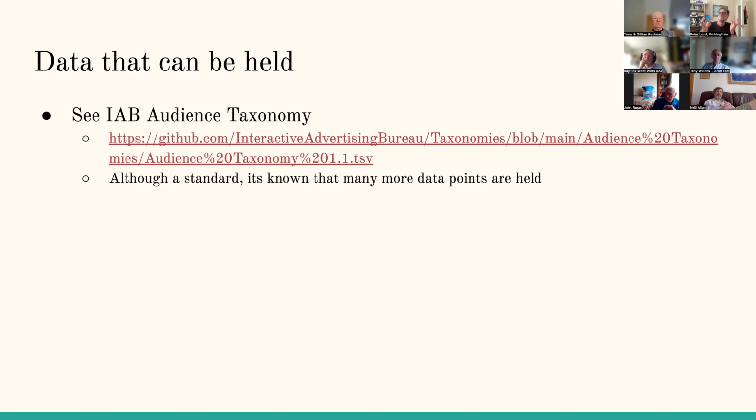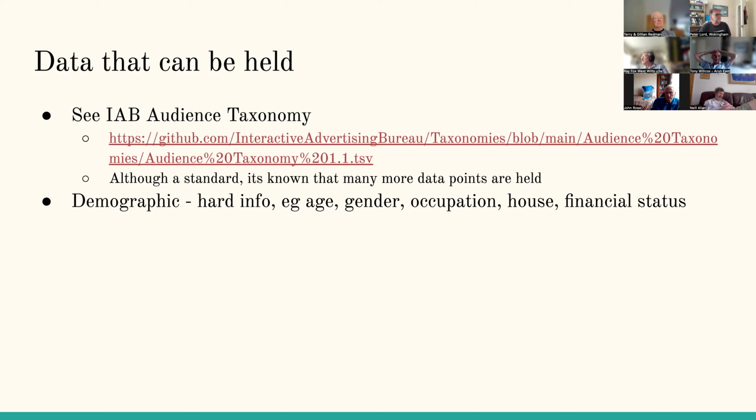However, from reading between the lines and court cases and whatnot, companies will hold significantly more information than is in that standard. So I think this audience taxonomy is really a minimal amount of information it will hold about you. And it includes hard information, stuff that it's found out from, I don't know, electoral records or things that it's bought.